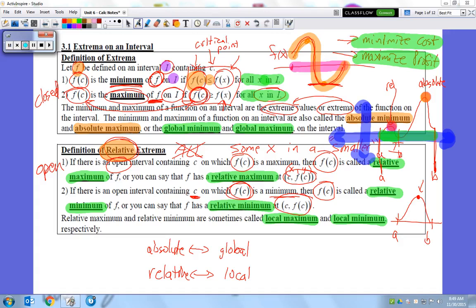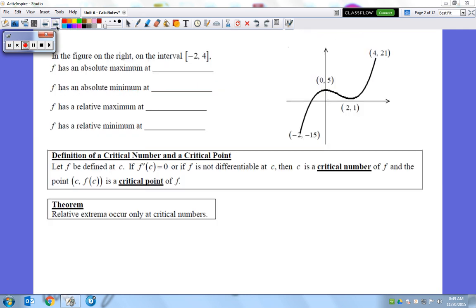So what is it that we're looking at? We're looking at, again, relative maximum and relative minimum, and how they're synonymous with local maximum and local minimum as far as this open interval here. So the big thing that I want you to get is the fact that you have closed, which are absolute, and open, which are relative.